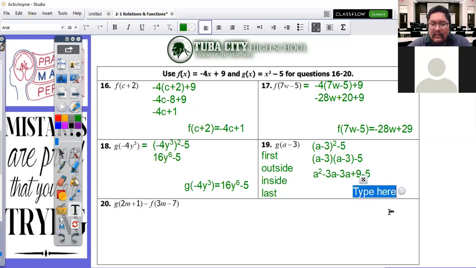So it equals, let's put these together. a squared, negative 6a, because I put the two negative 3a's together, and now 9 minus 5, which is 4.